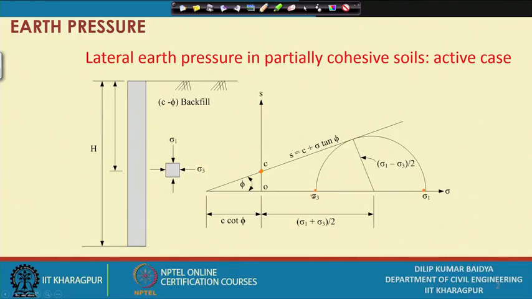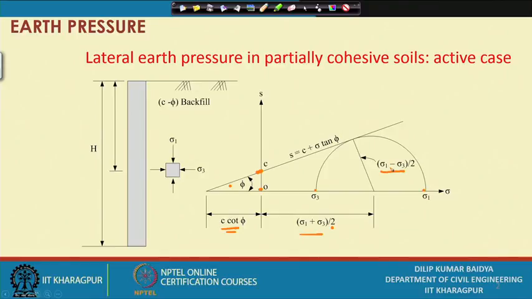Based on this, the Mohr circle is drawn, and it is expected to be tangential to the failure envelope. So far, whatever we have discussed, the failure envelope passed through the origin, but here it is not passing through the origin, it is intersecting the shear strength axis. Now this angle obviously has to be phi, and geometrically this portion will be C cot phi, and this portion will be (sigma 1 plus sigma 3) by 2, and this radius will be (sigma 1 minus sigma 3) by 2.